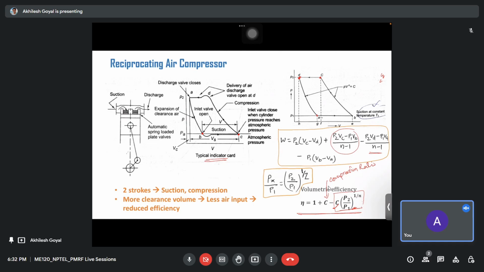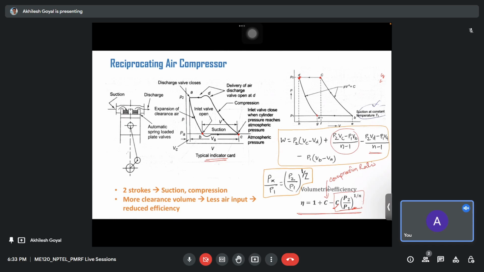clearance volume. So basically, if the clearance volume is higher, that means there is more gas for expansion and less air will be sucked into the cylinder. So the actual suction of fresh air will be reduced if the clearance volume is higher, and the volumetric efficiency will also decrease in that case.